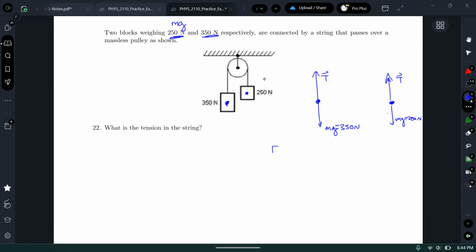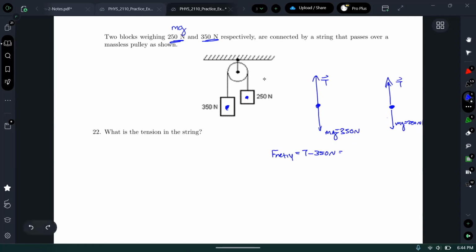So for the big block, I've got T minus 350 newtons equals M, I'll use a capital M for the big block, M times its acceleration in the y direction.